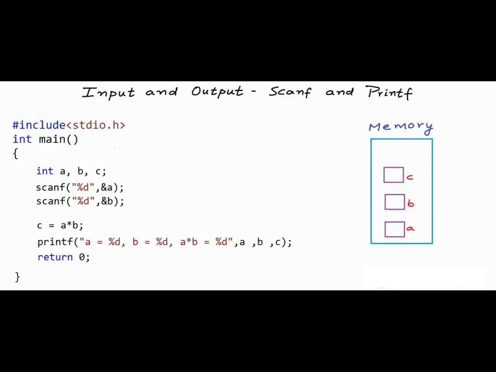Corresponding to each %d in string constant passed to scanf, we must have another argument that should be a variable of type integer preceded by an ampersand, and the value read for this %d will be filled in this variable.